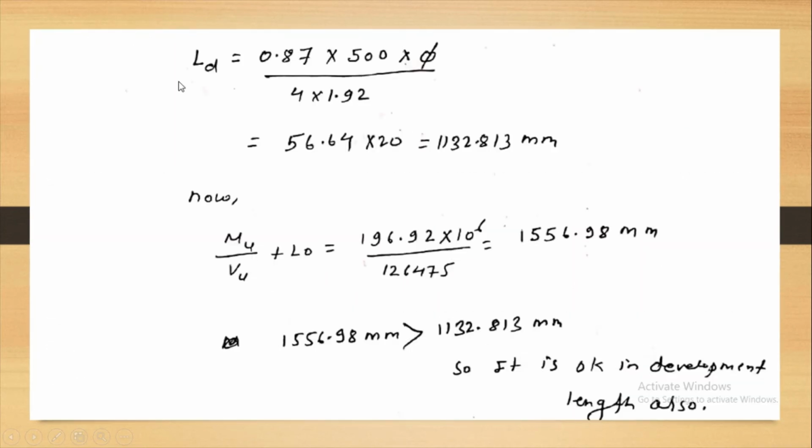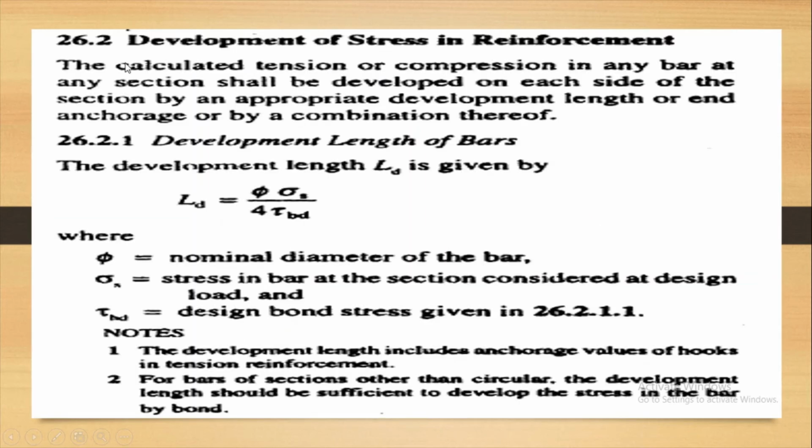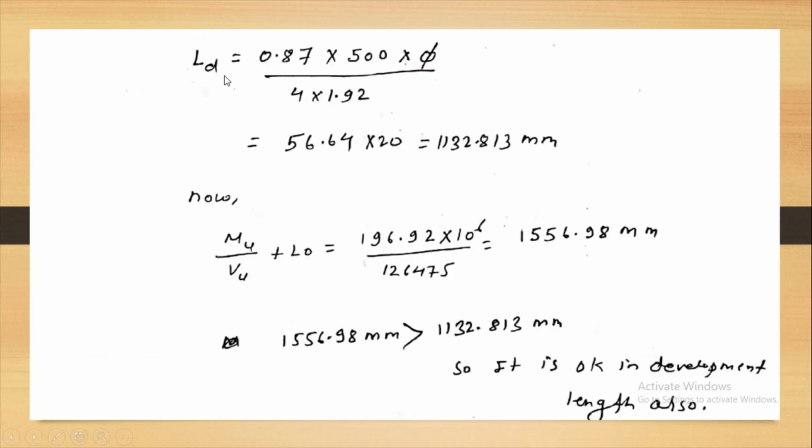Now we have to calculate the development length. This formula I have taken from IS 456 2000, clause 26.2.1, where you see the development length of bar. From here I have taken this formula. By putting the values in this formula, we are getting 1132.813 mm.